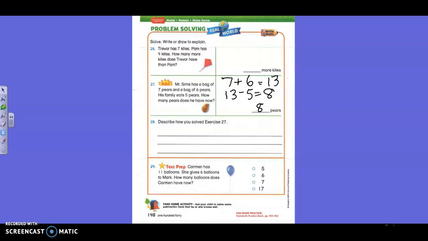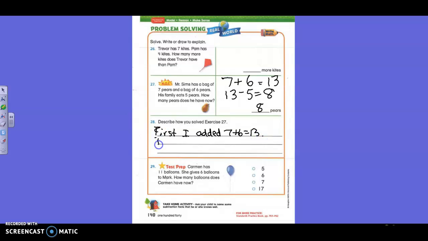It says, describe how you solved that. First, we're not going to make this long. I added. 7 plus 6 equals 13.